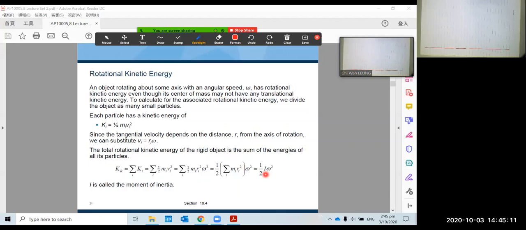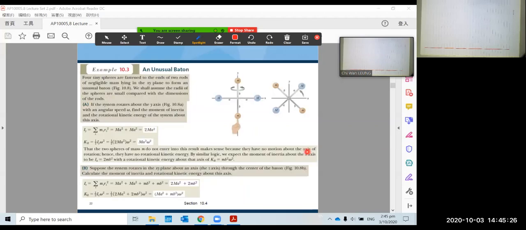Now, if you have only one particle rotating about a fixed axis, that is very easy. That is just m times r squared for that particle. But if you have multiple particles, that would be quite complicated.